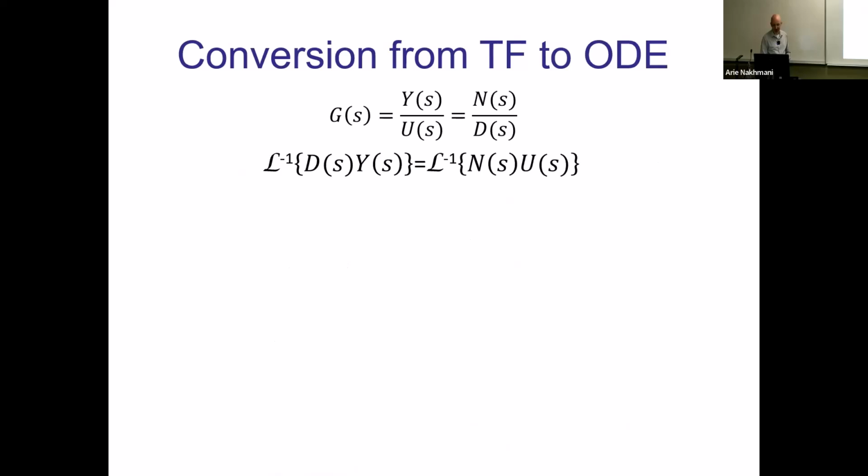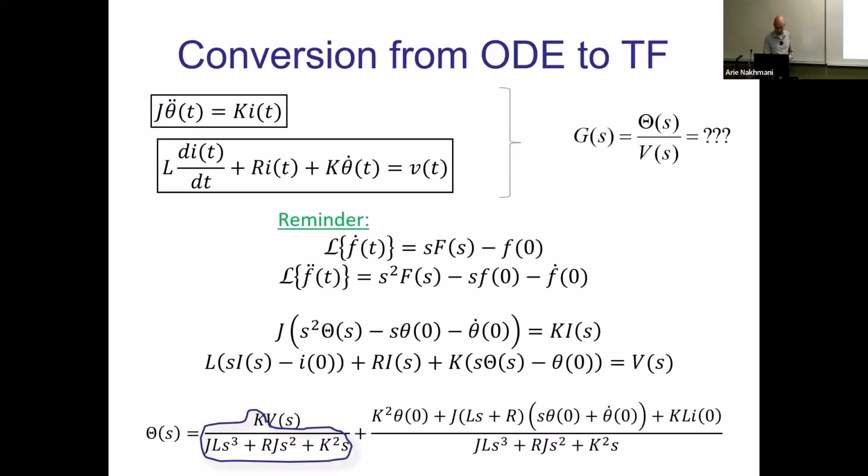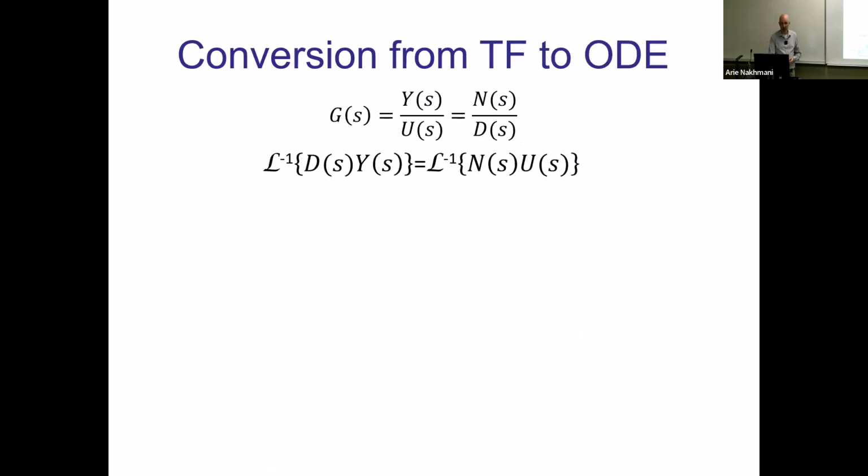Okay, so this is how you convert from ODE to transfer function, and we will get to that exact equation that you are talking about, the third order differential equation. So now we have that transfer function, which was here. Now, let's say I'm giving you a transfer function and asking how you can get back to the differential equation.